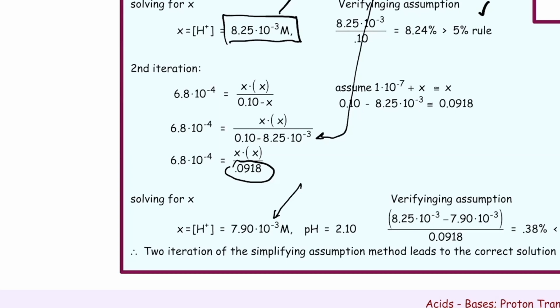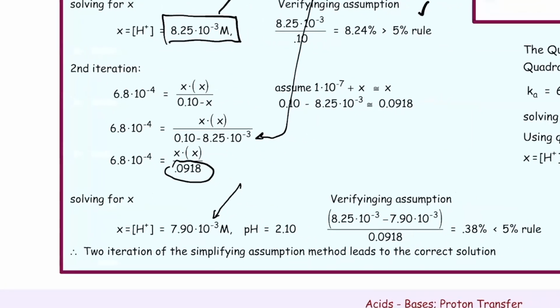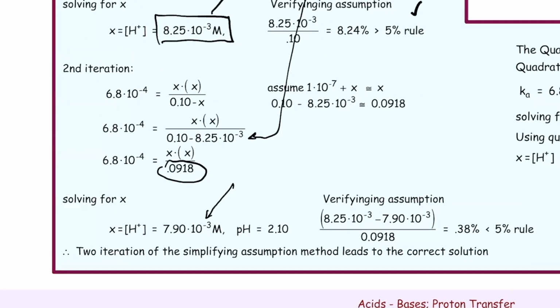Once you have that better number, you can take the negative log of your hydrogen ion concentration, and you can see that the negative log of 7.9 times 10 to the minus 3 is 2.10. The 5% rule on that second iteration works. And in general, I'm only going to ask you for two iterations if you're going to do that. The rest of it is math. I want you to understand the chemistry.